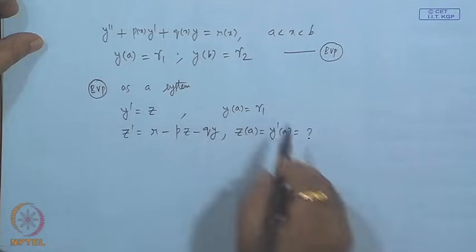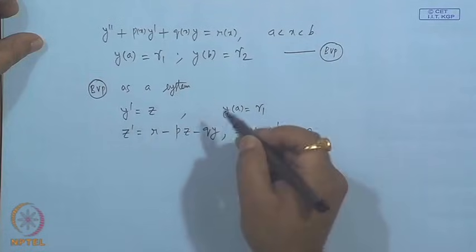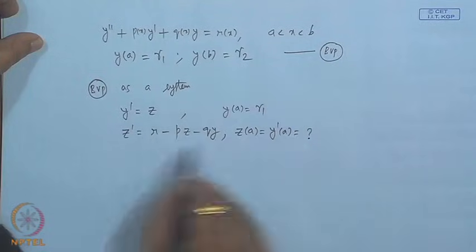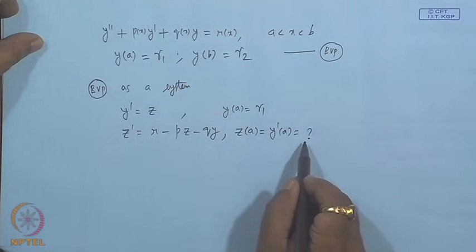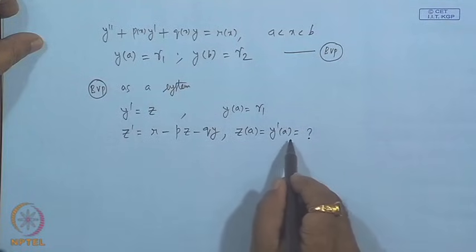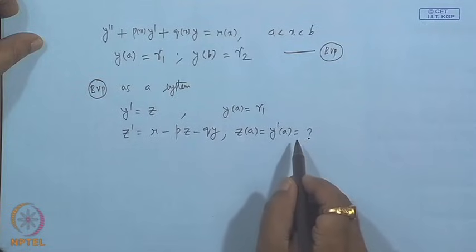So, we would like to convert the BVP into a system, and if we convert, we need this missing z of a. So, this is the slope, right.